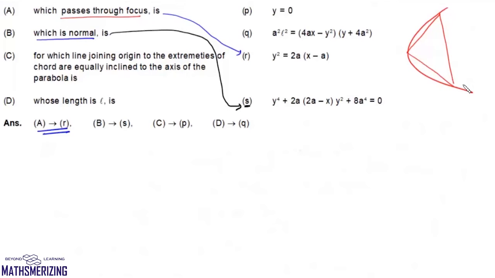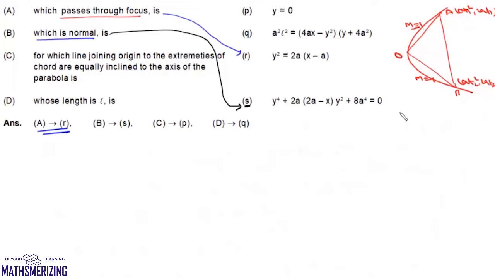So we know that if the lines are equally inclined to coordinate axis, then its slope will be plus 1 and minus 1. For this chord, say AB, this slope is m1, and this is a t1 square twice a t1, and this is a t2 square twice a t2.